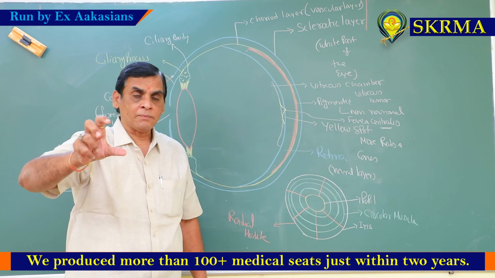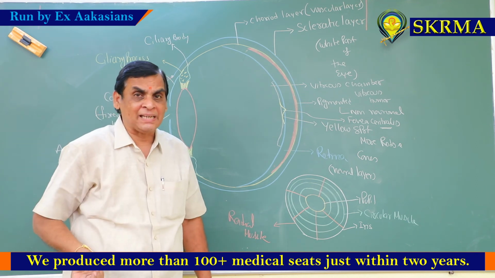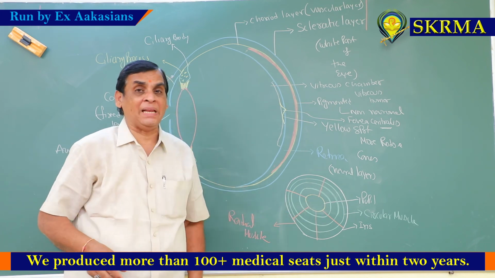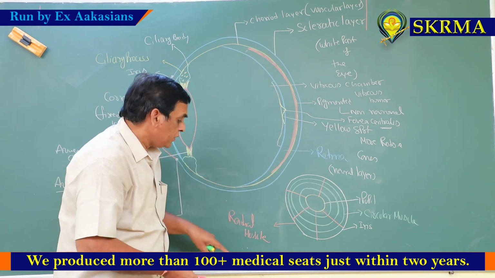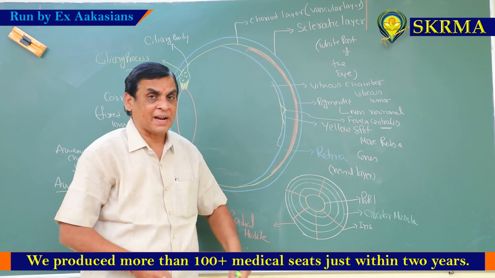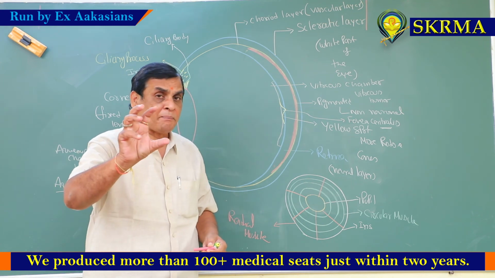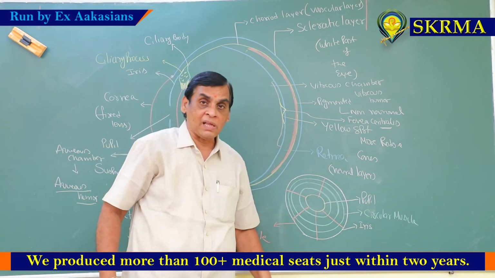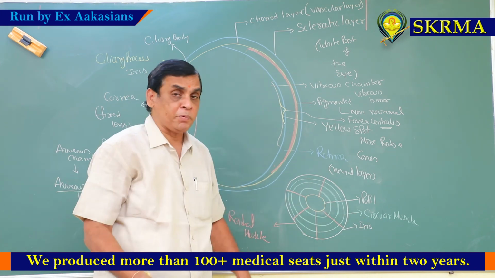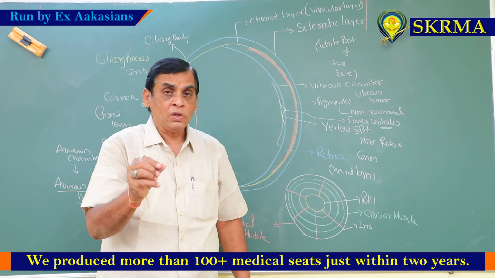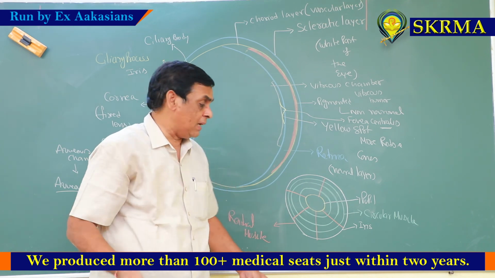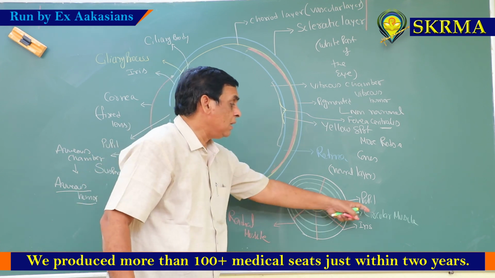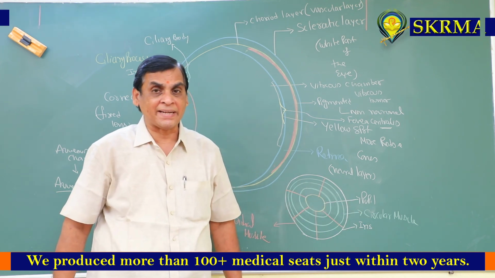These two muscles act antagonistically and alter the size of the pupil. Suppose the radial muscles are contracted, the pupil size will be increased. If the circular muscles are contracted, the pupil will be closed. So to widen the pupil, radial muscles contract. To narrow the pupil, circular muscles contract.